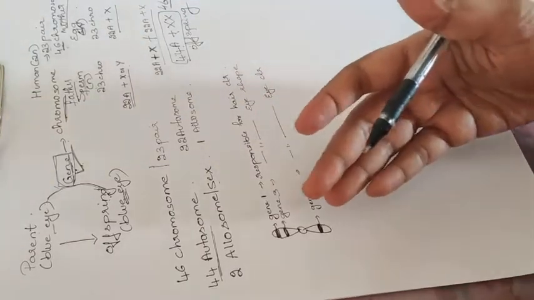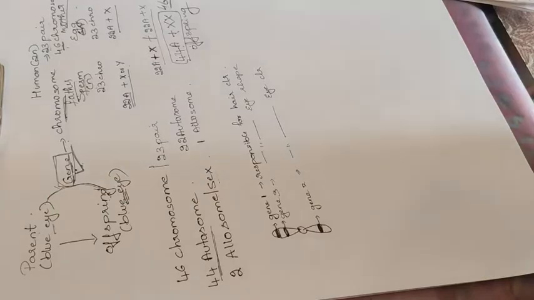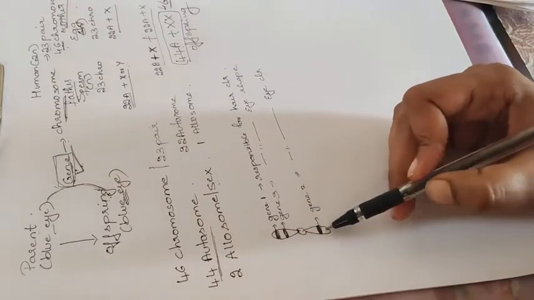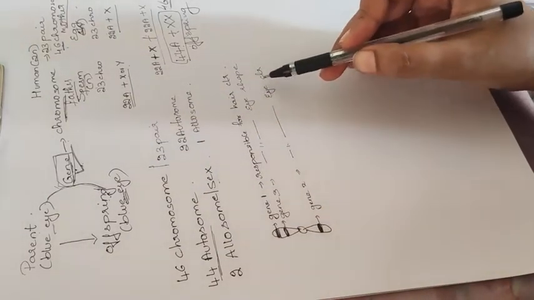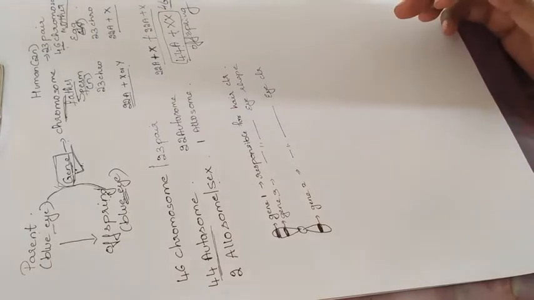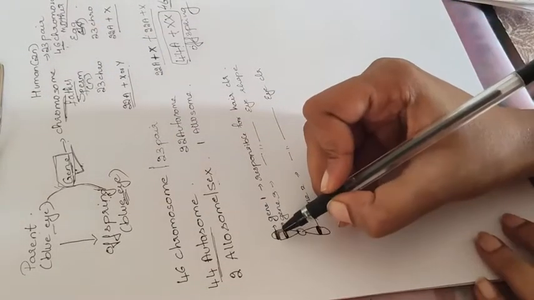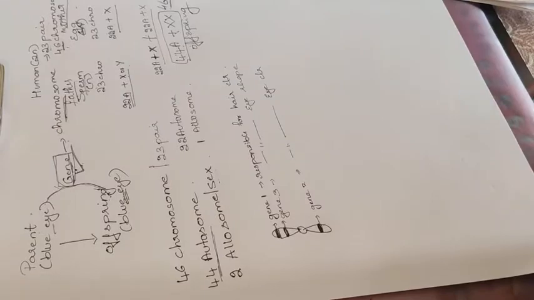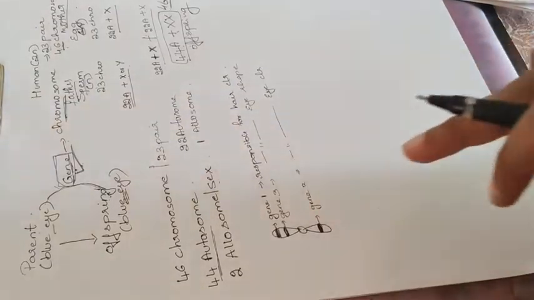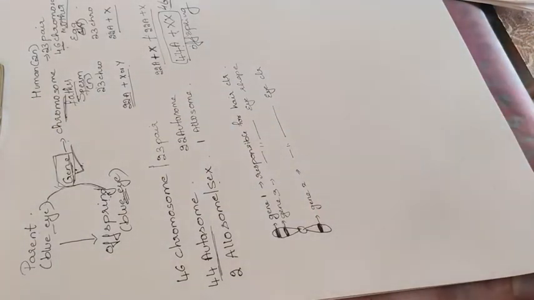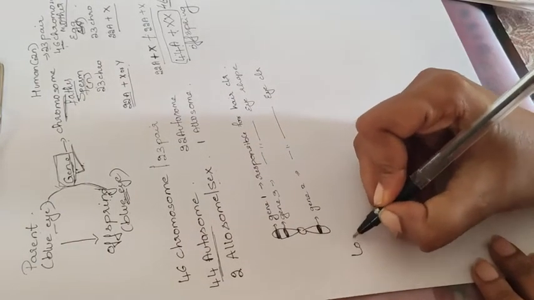I have written only 3 genes, but there are thousands of genes located on the chromosomes, each responsible for a particular character. Now, the position, the specific location on the chromosome where genes or alleles are present is called the locus.